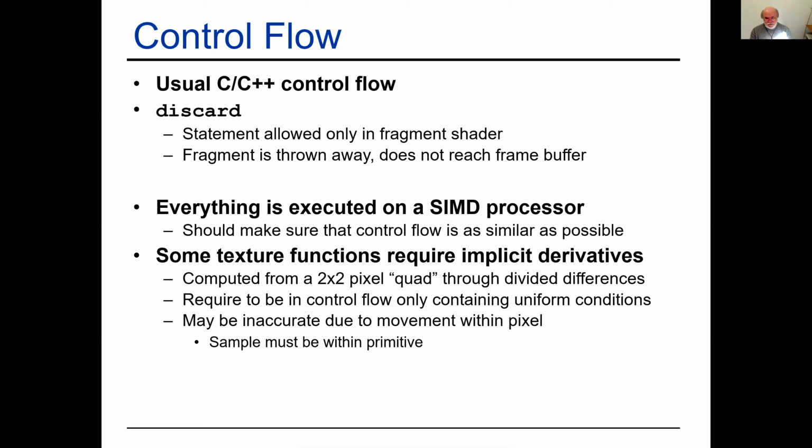So you actually do the rendering on 2x2 pixels, and the derivatives are taken from just taking the differences between two neighboring pixels, either in the horizontal or in the vertical direction.